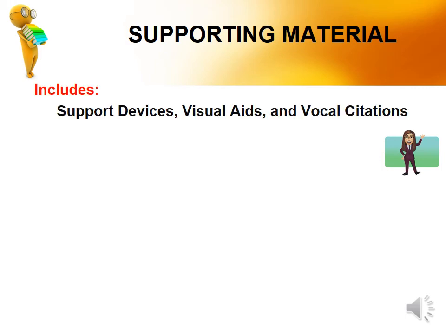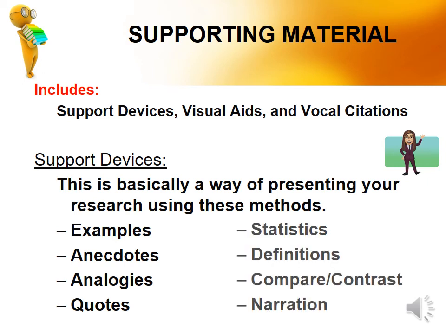It includes support devices, visual aids, and vocal citations. Okay, so support devices is basically a way of presenting your research using these methods, like examples, anecdotes, analogies, quotes, statistics, definitions, compare and or contrast, and narration.